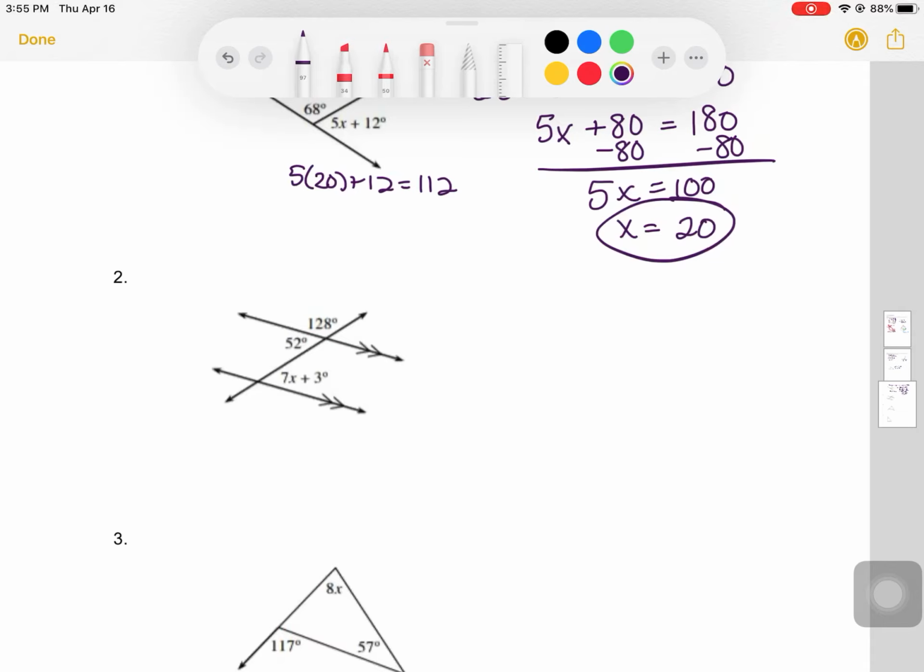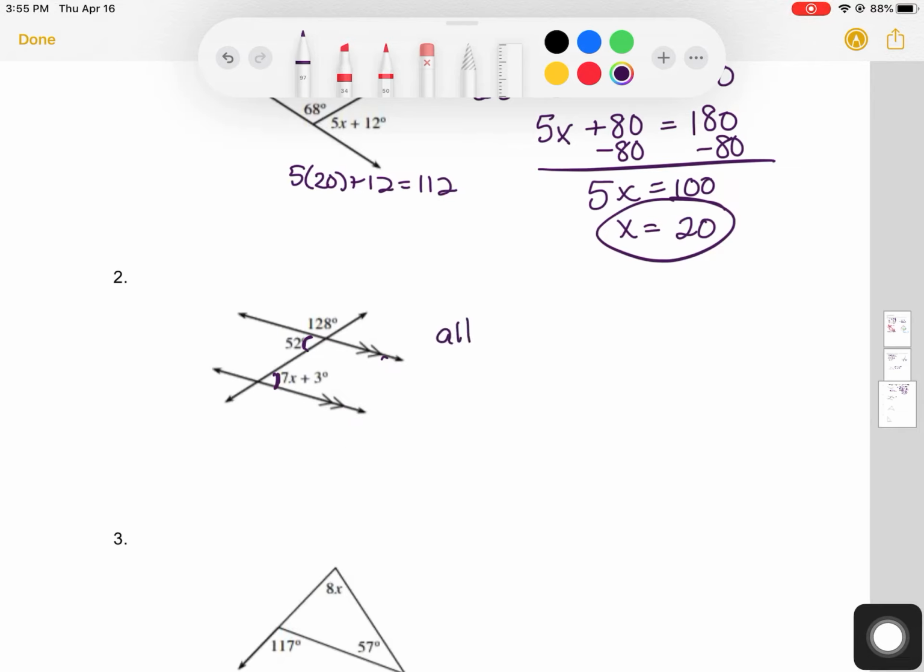Looking at the next problem, this involves our vocabulary from the first lesson. So we're trying to find x. 7x plus 3, this angle right here, is alternate interior angle to this angle right here. And we know, we can see these are parallel lines.